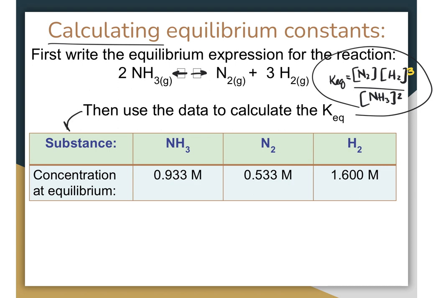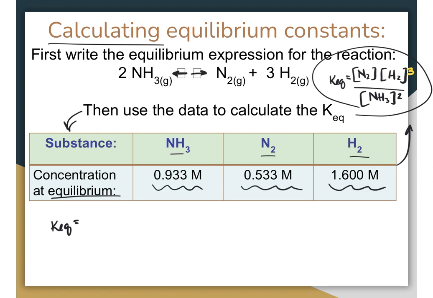Then I'm given data in this data table that tells me what the concentrations of my reactants and my two products are at equilibrium. So we've reached equilibrium, everything's nice and balanced. The reaction is just kind of hanging out right now. And then what we're going to do is plug in these concentration values into our equation that we wrote up here. So I'm just going to bring it down.